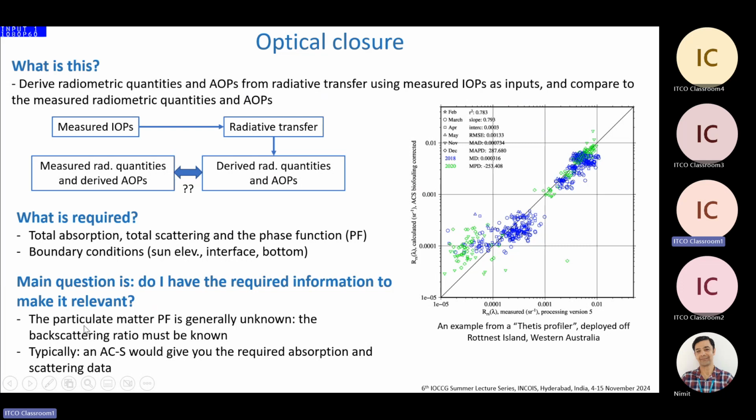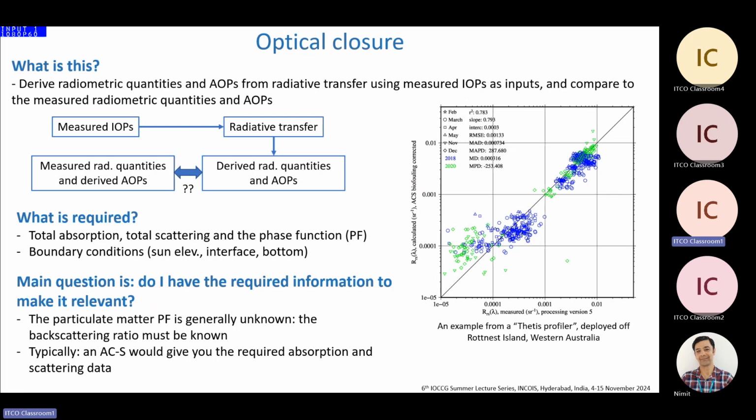One thing is, actually, one of the most important parameters in the VSF for this kind of calculation is the ratio of the backscattering to total scattering. If you have some measurement of backscattering with your IOPs and total scattering from an ACS, for instance, you can measure this ratio and use it to specify a VSF which has this same ratio.